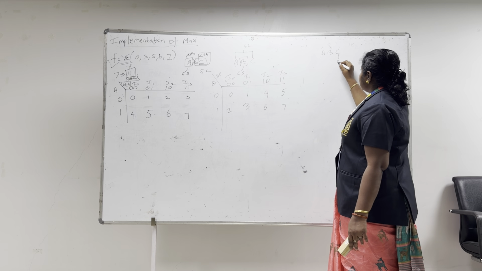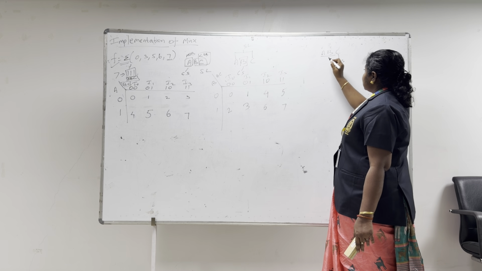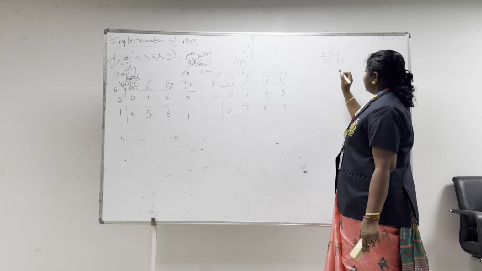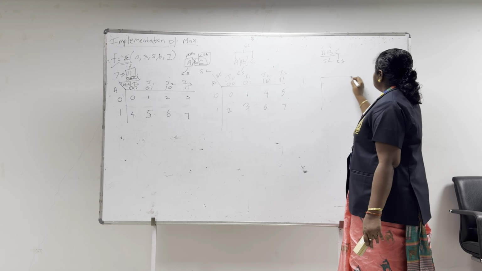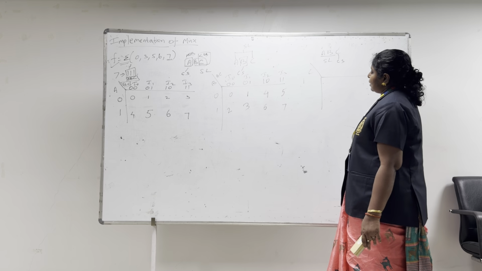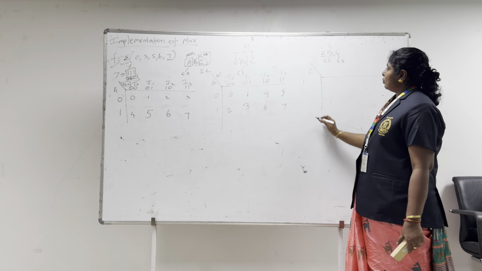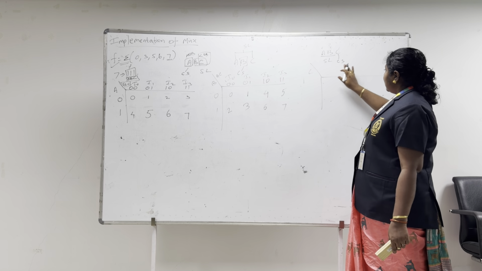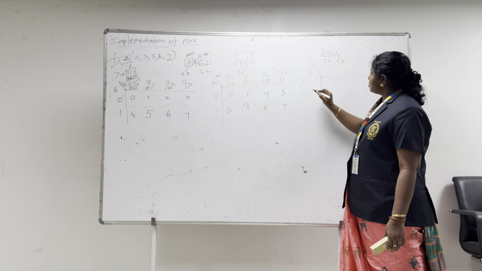If I choose C as my control signal and AB as my select lines, then this format will change. C is my control signal, therefore C is taken over here. The control signal should be taken over here, and the select lines over there.